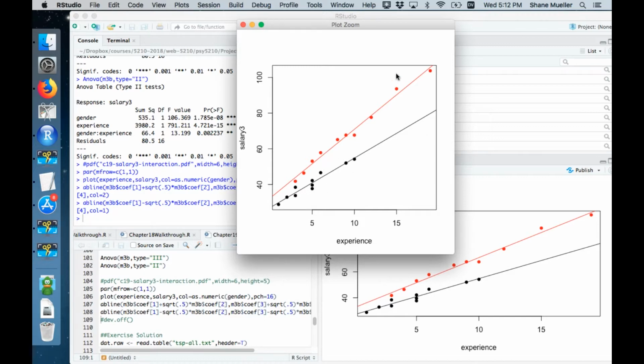And in this context, it sort of makes sense to ask if there's a gender effect even after the gender by experience interaction is accounted for, and there is. But it's also worrisome to find this gender by experience interaction, because it means that not only is there a gender decrement, but it scales: the more experience you have, the farther behind you get.